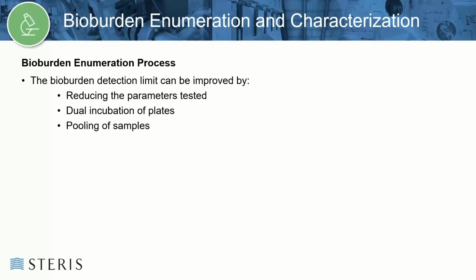Dual incubation of plates: we could transfer plates after aerobic incubation into a fungal incubation to reduce the amount of splitting of the sample. Additionally, pooling samples could be performed, but note that the pooling of samples for extraction can affect the ability to see sample-to-sample variation within a group of products.